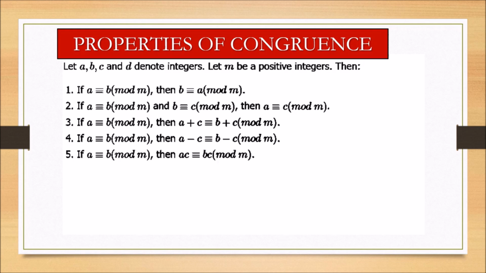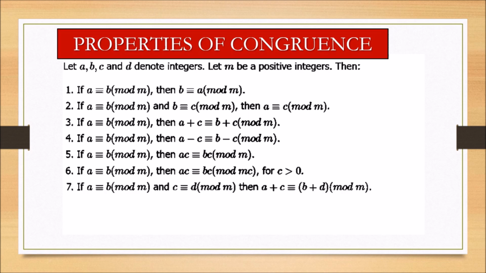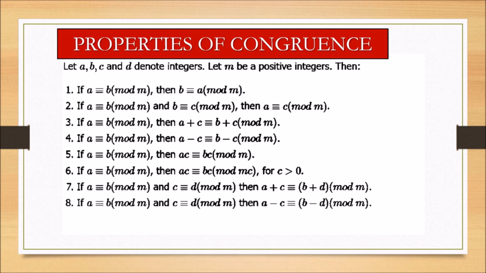If a is congruent to b modulo m, then the product ac is congruent to the product bc modulo m. If a is congruent to b modulo m, then ac is congruent to bc modulo mc if c is greater than 0. If a is congruent to b modulo m and c is congruent to d modulo m, then a plus c is congruent to b plus d modulo m.